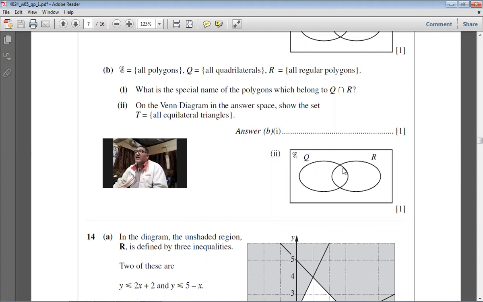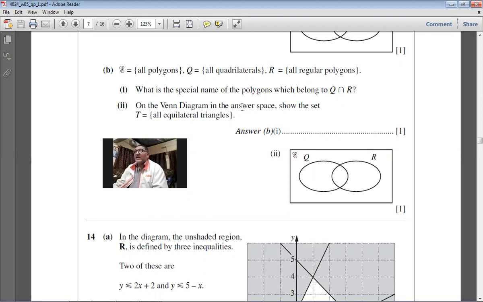Q intersection R means such quadrilaterals which are regular, those which have 4 sides and are regular. Regular means all their sides are equal and all their internal angles are also equal. So a 4-sided figure whose sides are all equal and internal angles are all equal is a square. So the special name for Q intersection R is square.